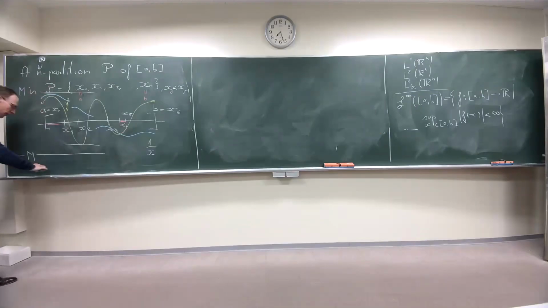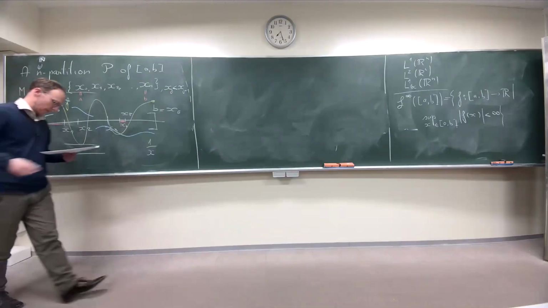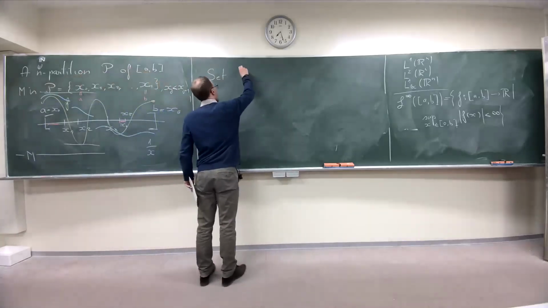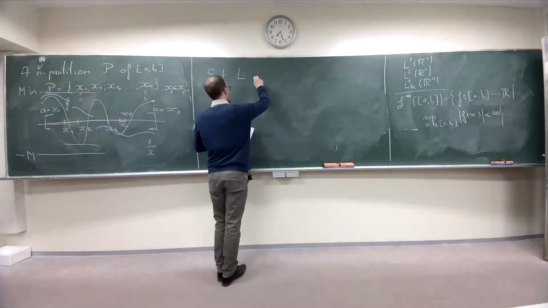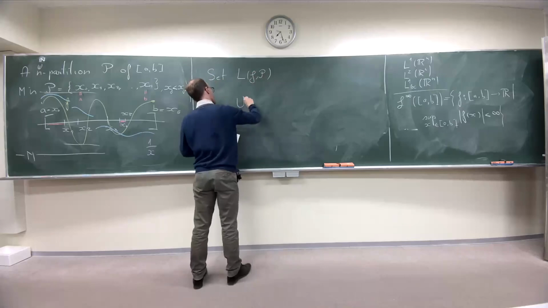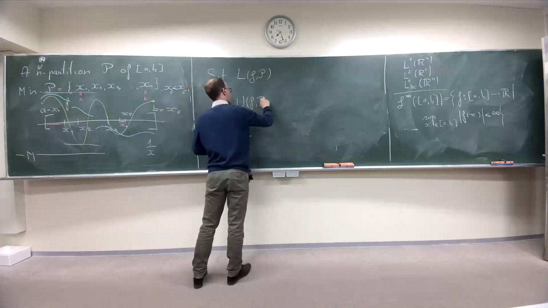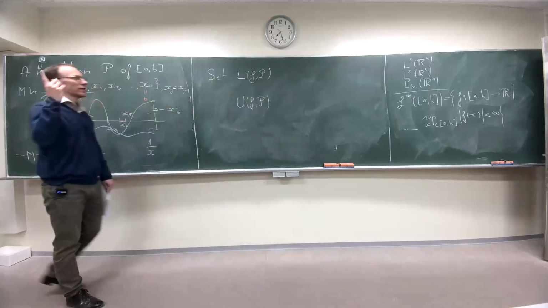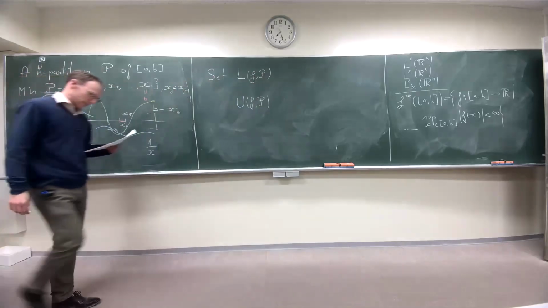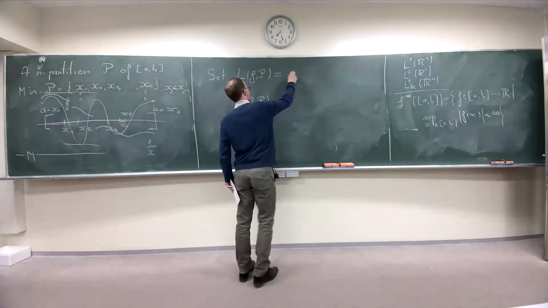And we have a f which is bounded. So I'm going to set L of fp. I'm going to define also u of fp. So observe I'm using these two ingredients, f, a function, and a partition. Let me give you the definition.